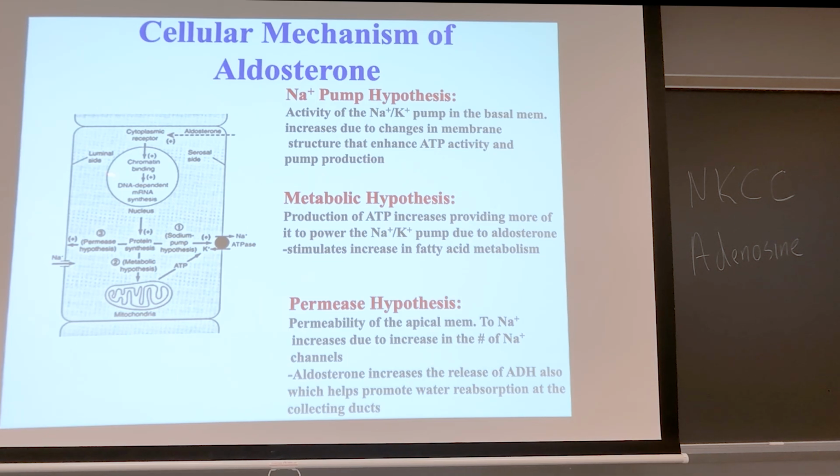And the water will follow it. So we will be removing sodium chloride and water from the filtrate. If we're going to do that, we need to increase our metabolic ability. We have to increase ATP production. So it'll stimulate a number of genes that increase ATP production through glucose and other mechanisms.